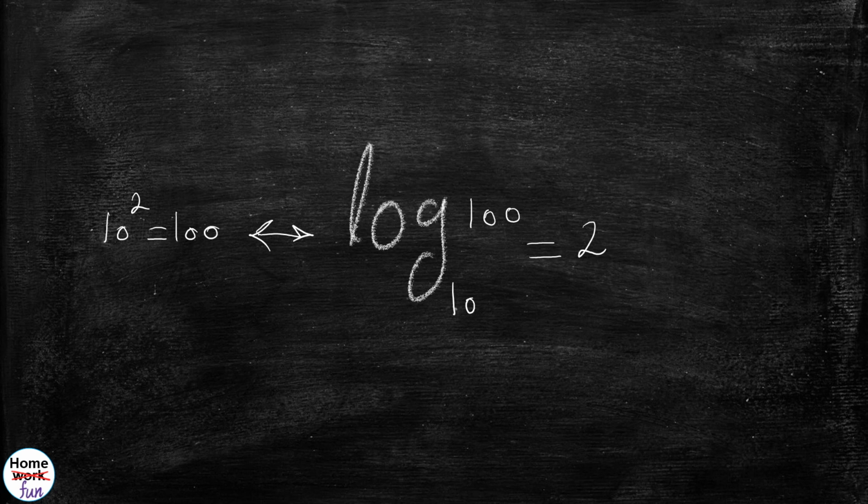10 to the power of 2 equals 100 is the same as log of 100 with the base 10 equals 2. So one thing you need to remember is that log has a base, has an answer, and there's one thing in front of the log. Log is a code, and to decodify it, here's what we do.